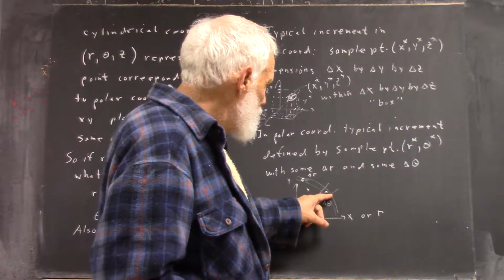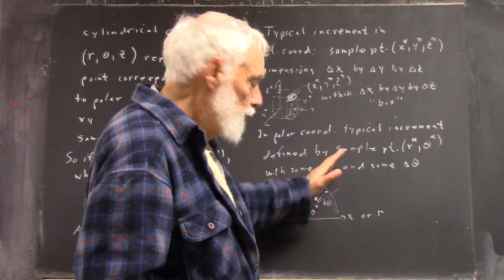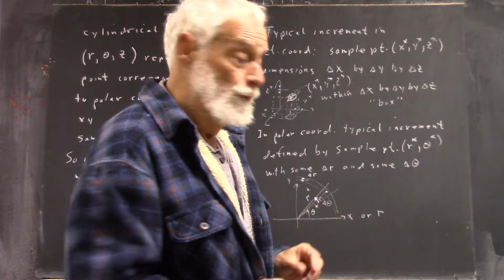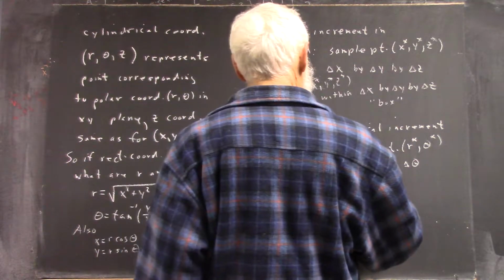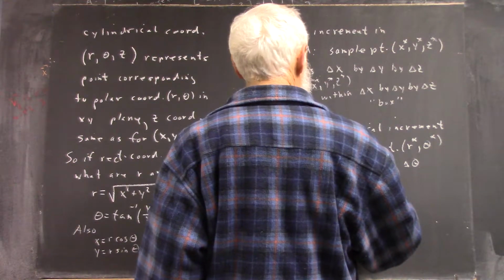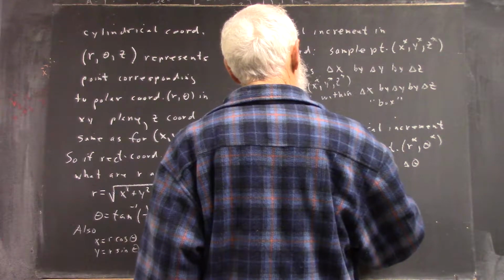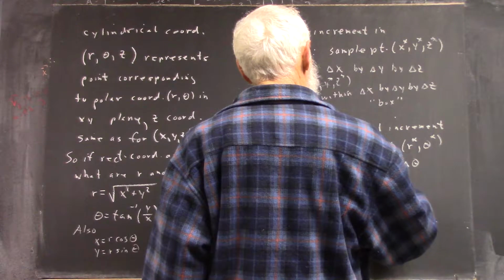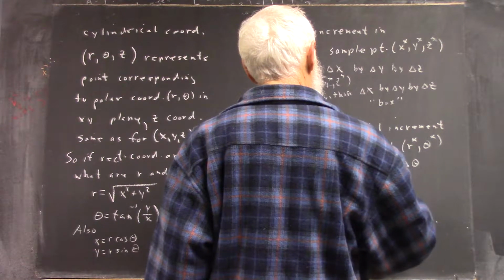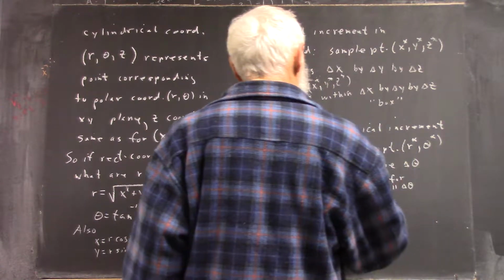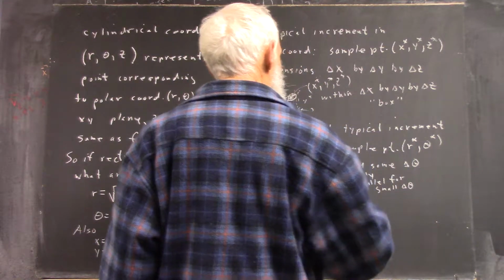Now my question is then, if delta theta and delta r are both small, then these two radial lines here that define delta theta are nearly parallel. So these are nearly parallel for small delta theta, right?